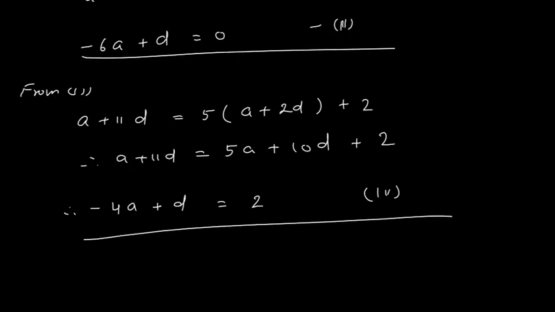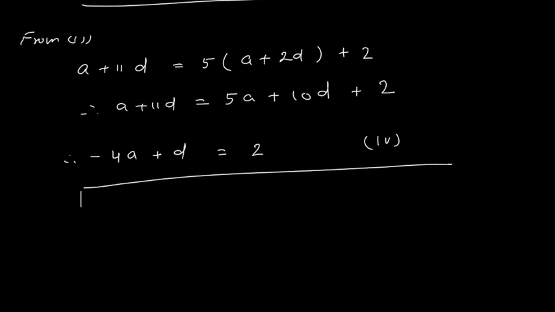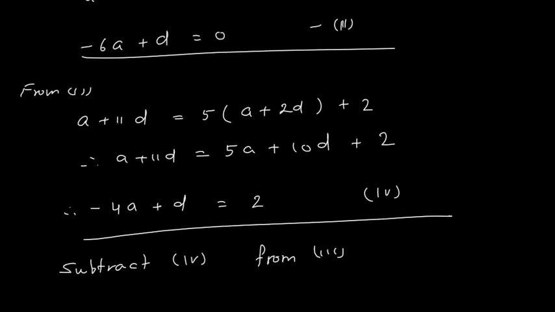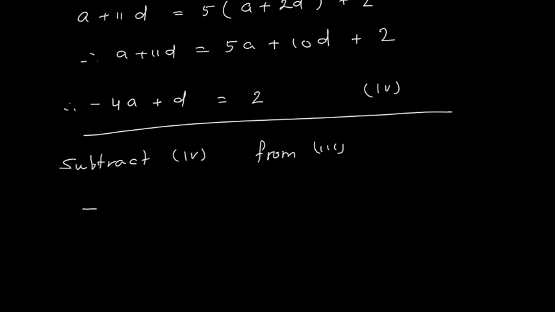So you have the third equation and you have the fourth equation. What you can do is subtract equation 4 from equation 3. So let us write 3 first, that is minus 6a plus d equal to 0, and then write the fourth equation, that is minus 4a plus d is equal to 2, and just subtract one from the other.